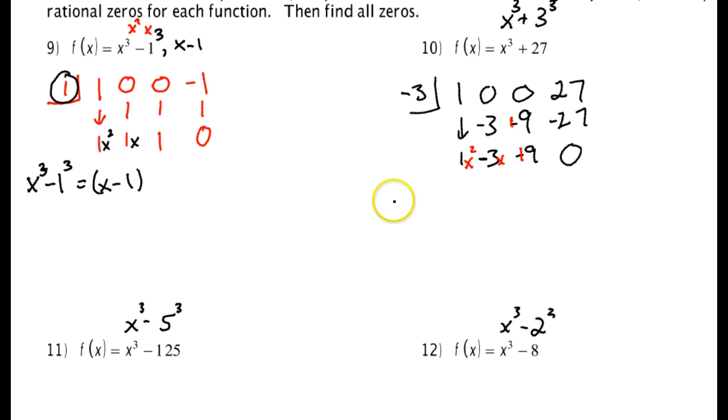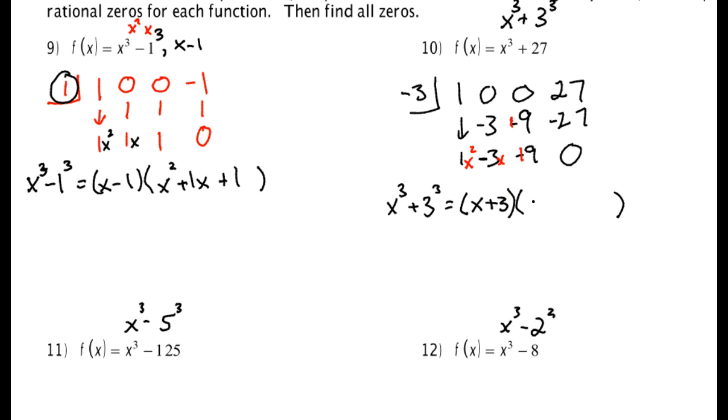Same thing over here. If I have x cubed plus 3 cubed, that's the first part. If I take this, I'll have x squared plus x, and I'll leave the 1 in there, plus 1.